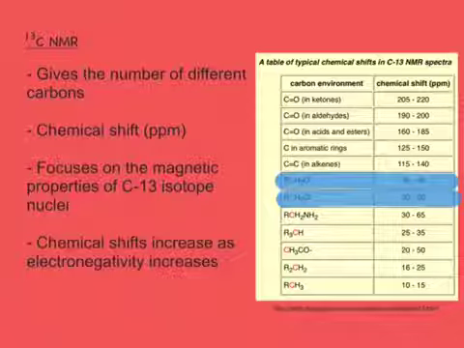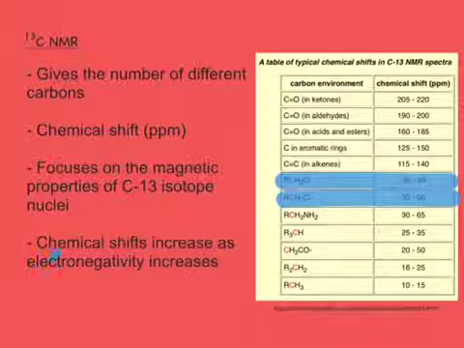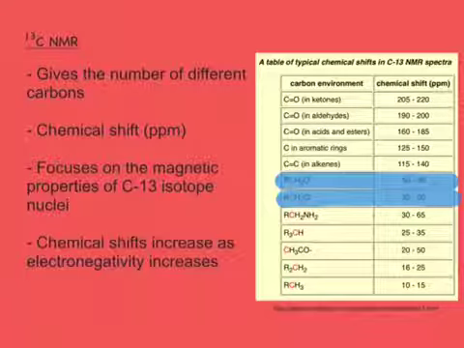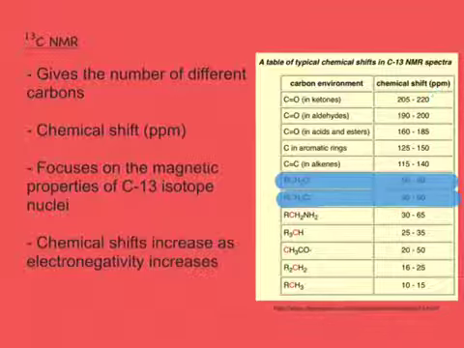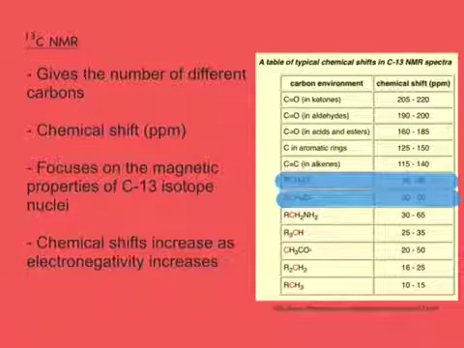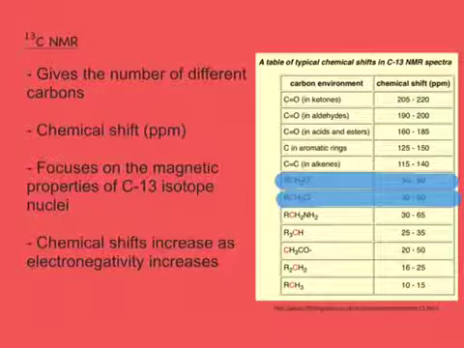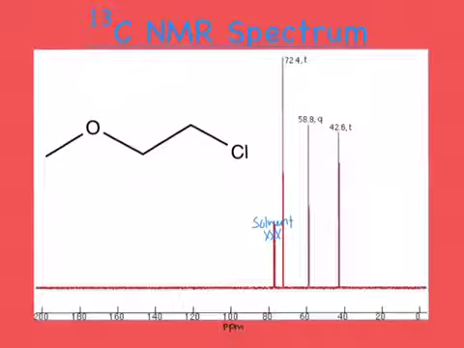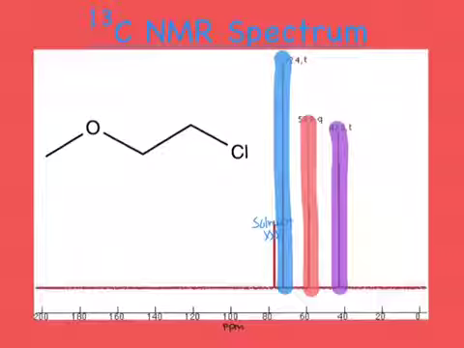And just as with proton NMR, when chemical shifts increase, electronegativity also increases. This chart shows the environment of a carbon relative to its chemical shift. The highlighted groups are present in my unknown structure. Here, there are 3 different carbons, as indicated here, here, and here.